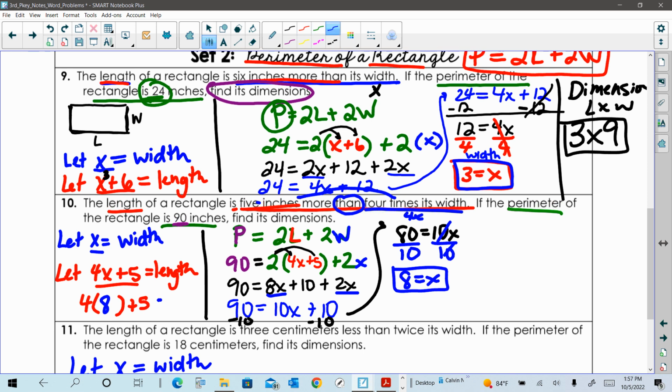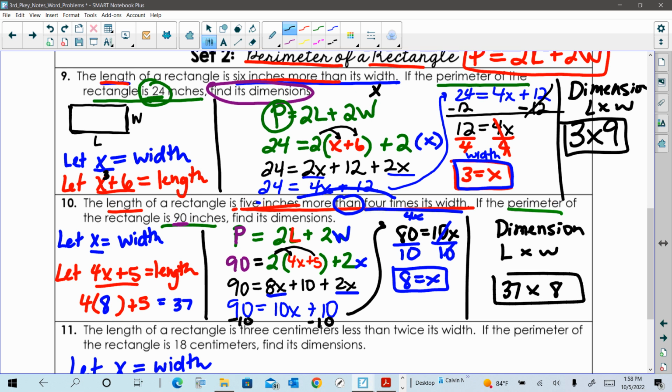I'll write it out over here. This is 37. So our dimensions, that's what they're asking us to find. Remember, that is your length by your width, or your width by your length. So this would be a 37 by 8 rectangle. Okay.